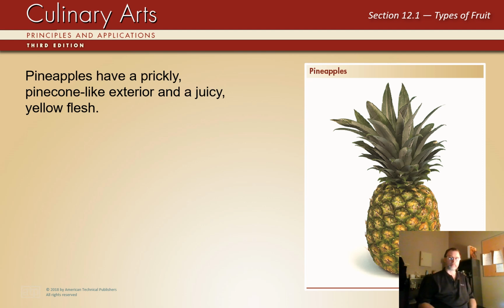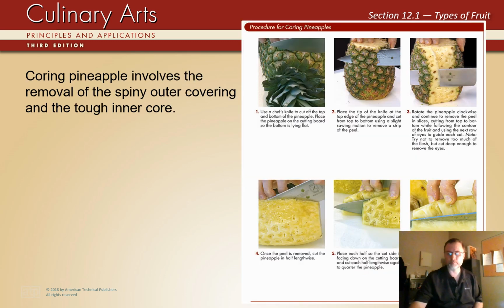Once it stops growing, it doesn't ripen any longer, so you have to be careful about that. Okay. So, the process for coring a pineapple. I want you to take a look at that process. You can practice following those procedures.